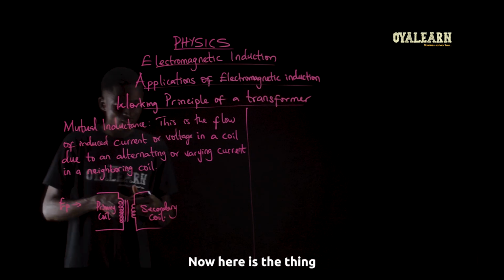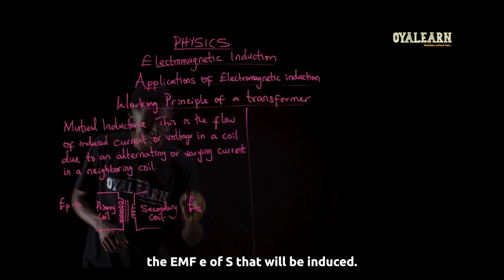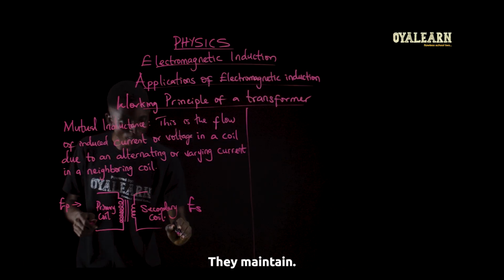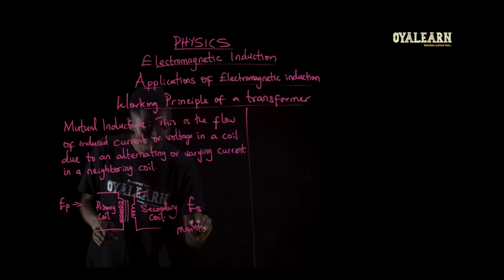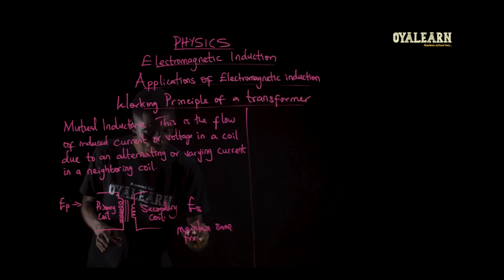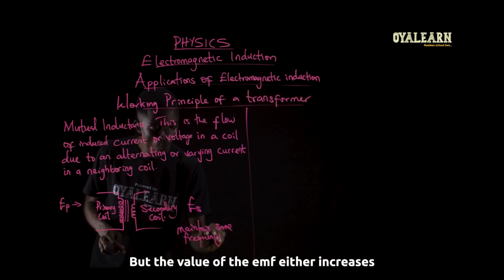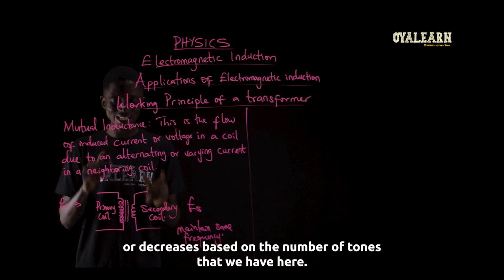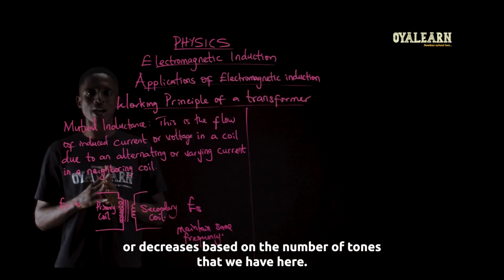Now here's the thing. The EMF E_S that will be induced here has the same frequency. They maintain the same frequency, but the value of the EMF either increases or decreases based on the number of turns that we have here.